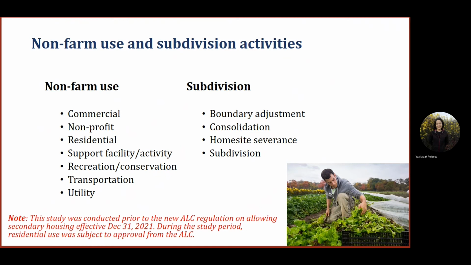And finally, subdivision, which involves at least one parcel being divided into 2 or more parcels, creating parcels of a smaller size. The number of parcels after this activity is carried out is greater than the starting number of parcels.